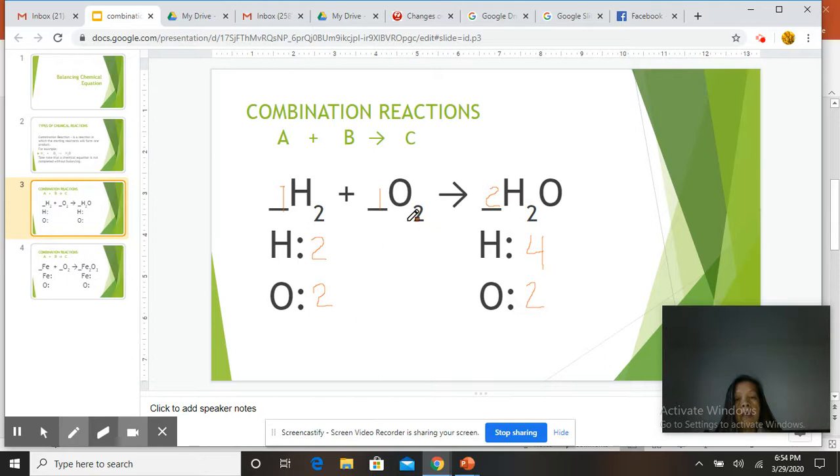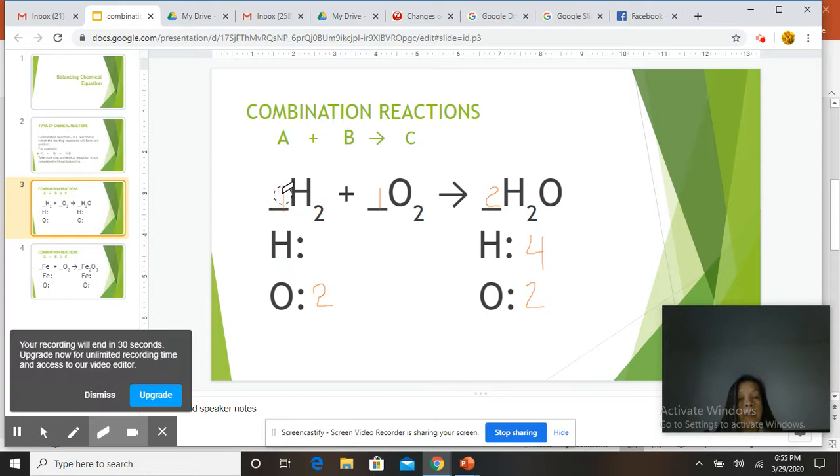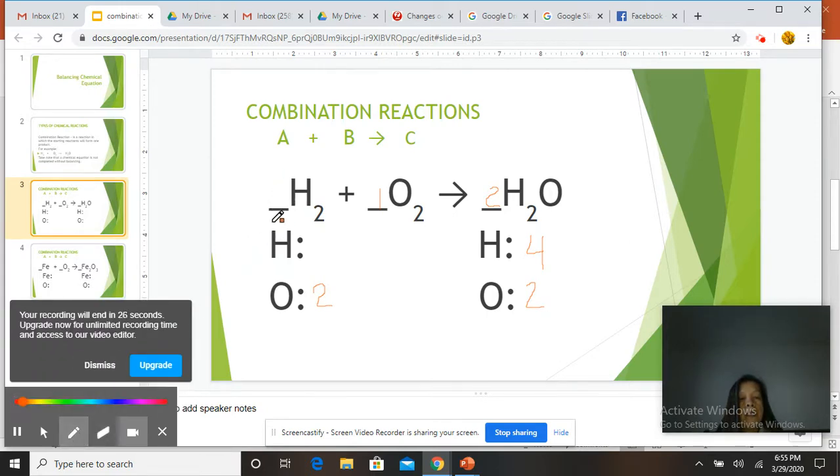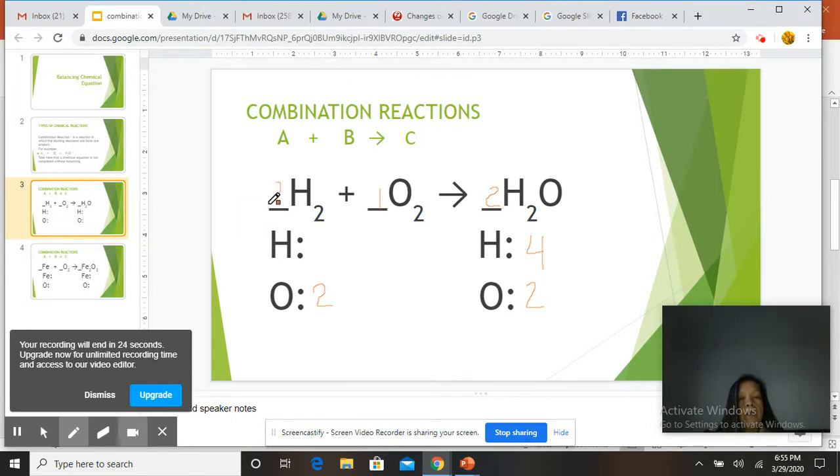What are we going to do, since the hydrogen became 4 on the right side? The hydrogen on the left side, we're going to make it also 4 by erasing this 1 and making it 2. So the missing number is 2, and 2 multiplied by 2 is 4.